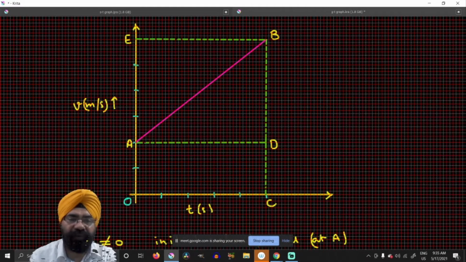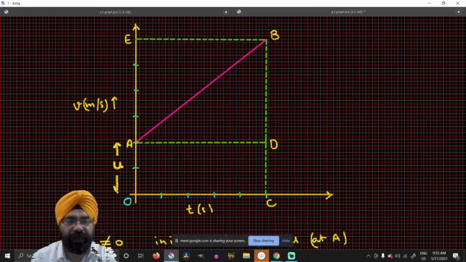Now when I start observing, the body is already moving with a certain velocity. Let this velocity be u. So in the graph, OA is equal to u.